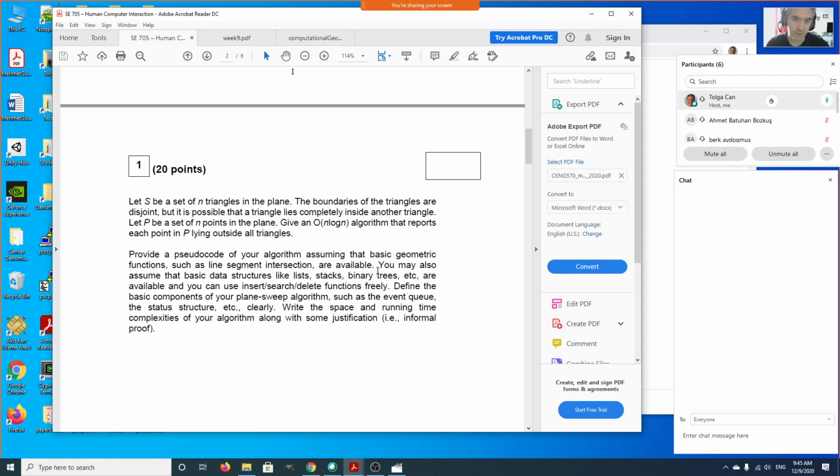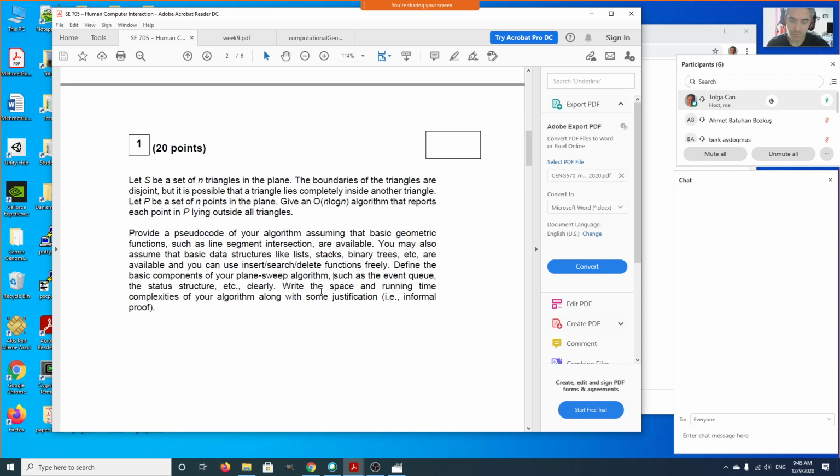The status structure at a given time may contain linear O(n) triangles, which will lead to an O(n squared) algorithm. So you may have thought that you're going to use the status structure to make efficient queries, but if you don't write that in detail in your solution, that's still a cause for losing points.